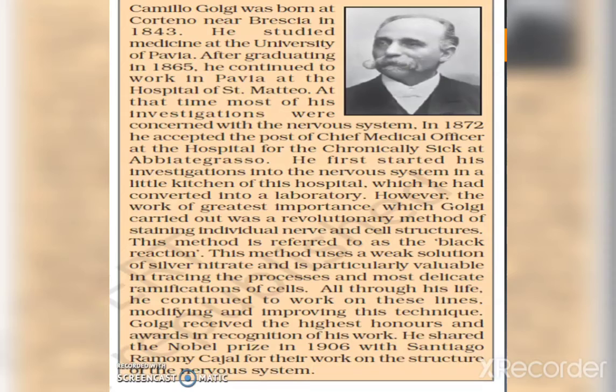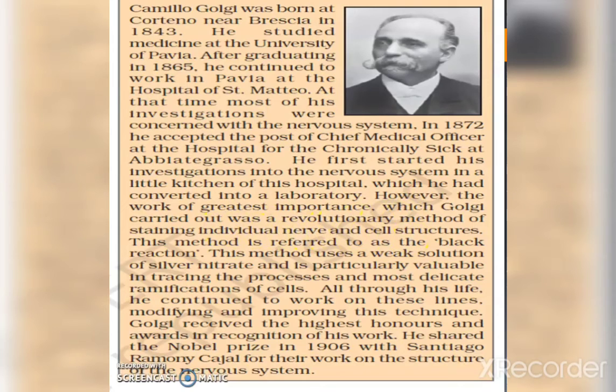However, the work of greatest importance which Golgi carried out was a revolutionary method of staining individual nerve and cell structure. He researched in this nervous system and all, but his greatest importance was for the work which he carried out for staining the individual nerve and cell structure.